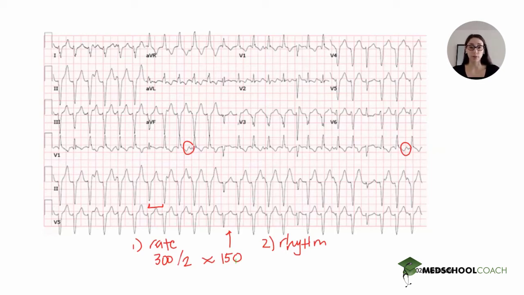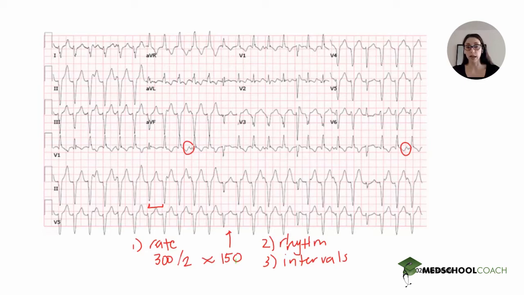So then we look at the rhythm, and then finally we look at the intervals. Since there aren't really P waves here, the PR interval is less relevant, but the QRS duration is relevant here because, as we can see, the QRS is wide in this case. Remember that the upper limit of normal for a QRS is 120 milliseconds, or 3 little boxes.